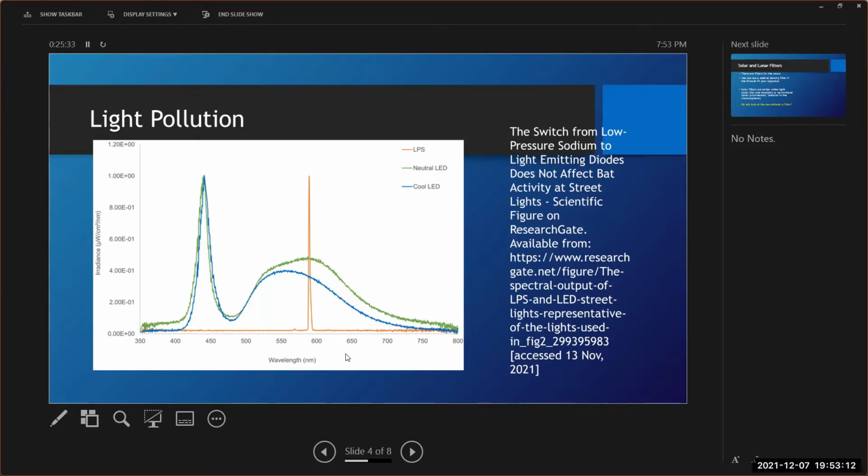Low pressure sodium was so much easier to deal with, and not so with the LED lighting. It's just so much wider. I think it's brighter. Maybe that's just me, but it's harder to deal with.